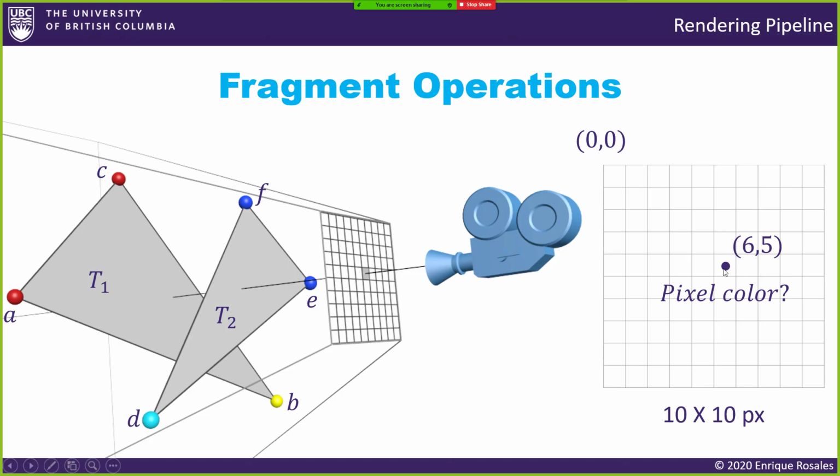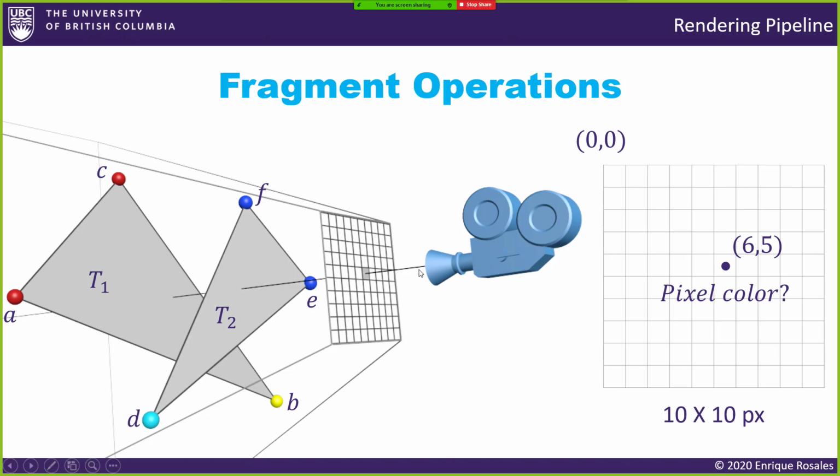Having these triangles projected onto the screen is like having a ray launched from the camera, passing through that pixel and going through the triangles. And we can see that there is a portion of each triangle that is partially or fully overlapping that pixel. In this case, they're fully overlapping that pixel, but it can also be partial.